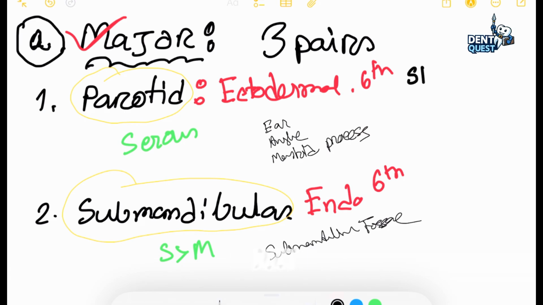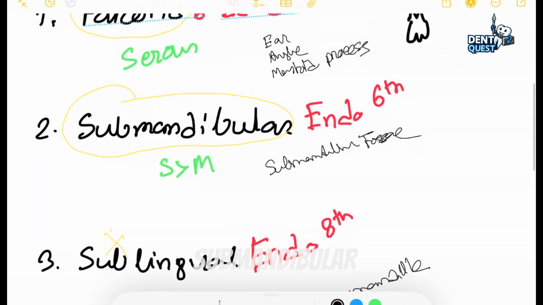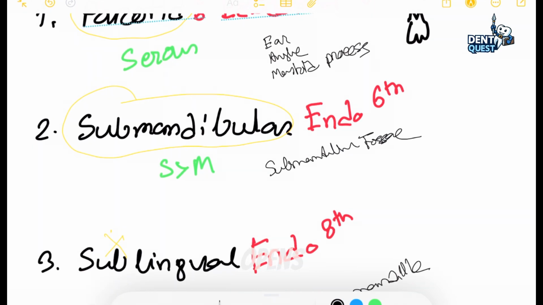The parotid gland's duct, Stensen's duct, opens into the vestibule of the mouth opposite the upper second molar. The submandibular gland opens on a papilla on the sublingual fold in the floor of the mouth, which is called the sublingual caruncle.